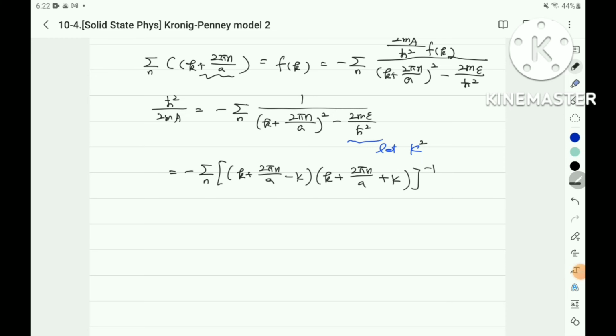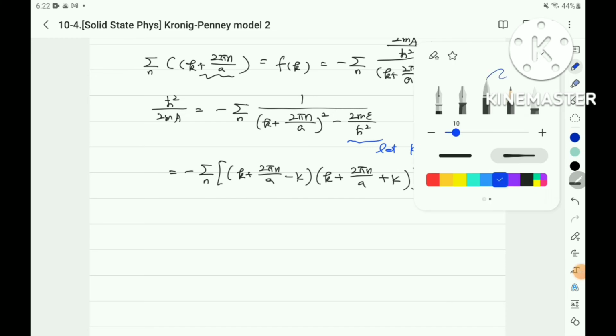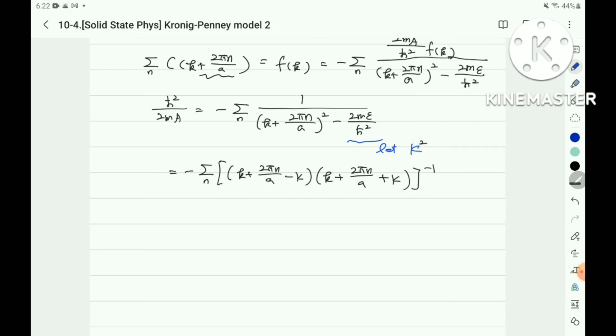Then let's make this part a and this part b, and this represents 1 over ab. Then let's form this one as 1 over a minus 1 over b, and it is 1 over c.